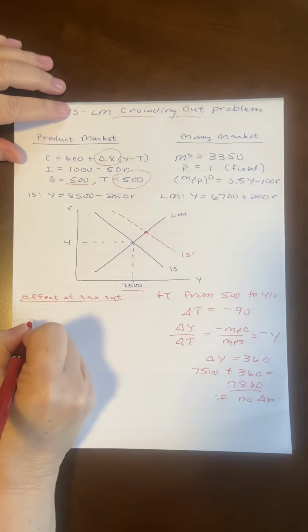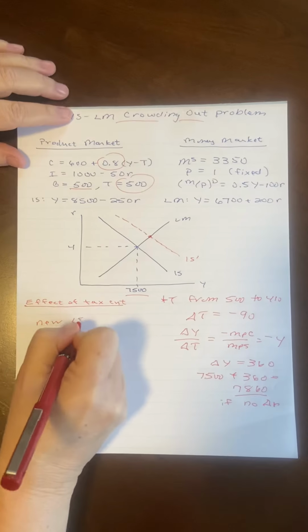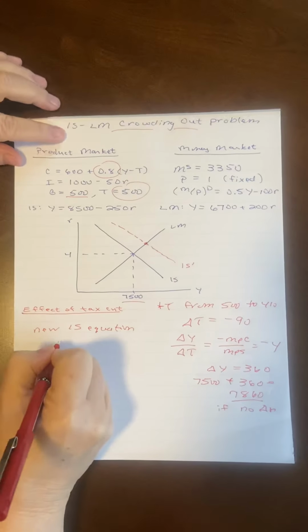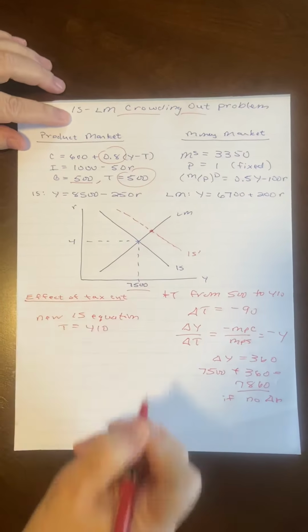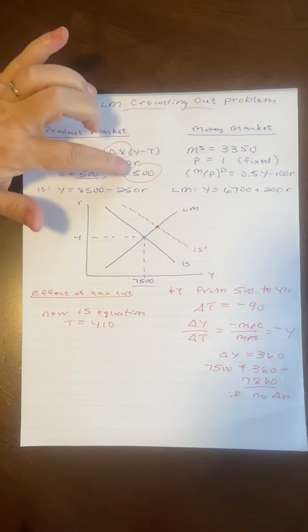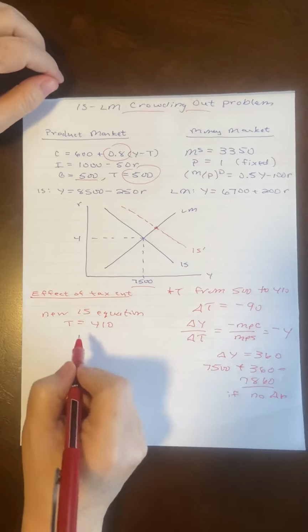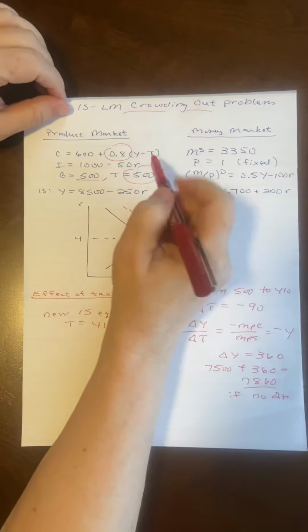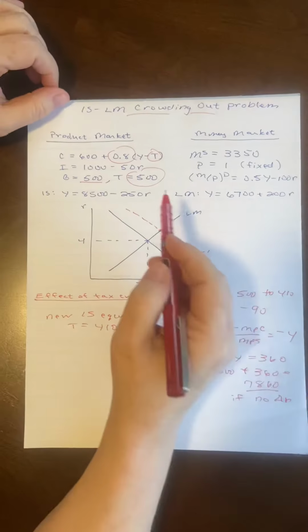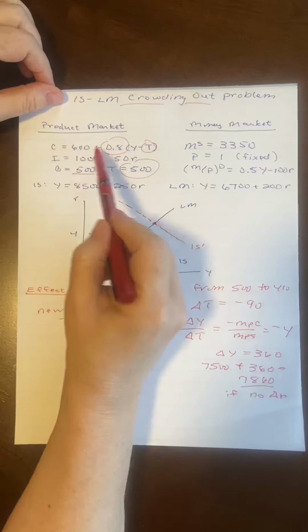So to do that, we need to find our new IS equation. And we'll find the new IS equation using the tax value of 410. So you just do it the same way you did the original one, but instead of using 500 for taxes, you use 410 for taxes. So when you plug that in for taxes, 0.8 times 410 is 328. So you'll add your constants.